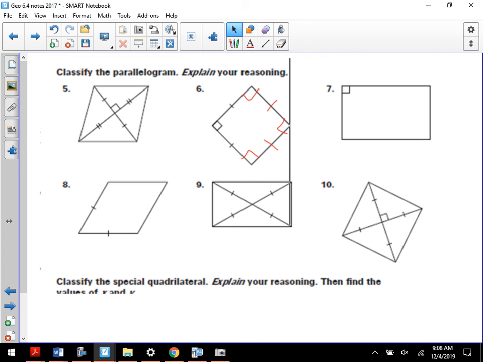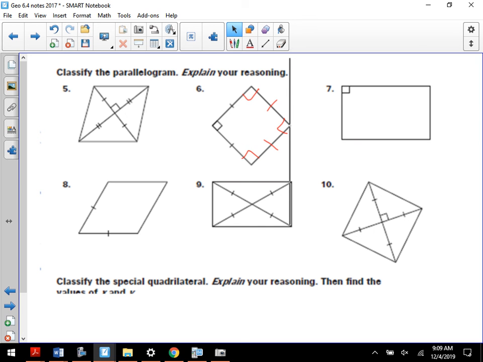On 7, what is it going to be? Rectangle. Why do you have to say it's a rectangle and not a square? You can say that, but what I was getting at is that you don't have consecutive sides that are marked, like you do in 6. What about 8? What's the best thing you do for 8? Why? Well, it could be a parallelogram, couldn't it?